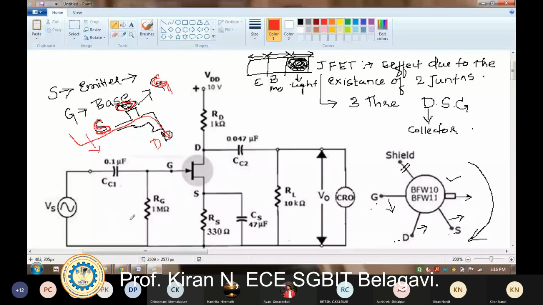Now, after this, what happens here? You can see I'm going to apply an input signal, a set input signal. This may be 10 volt or 20 volt, as given in the problem statement. Sometimes you set it as 10 volt peak to peak, or 20 volt peak to peak.